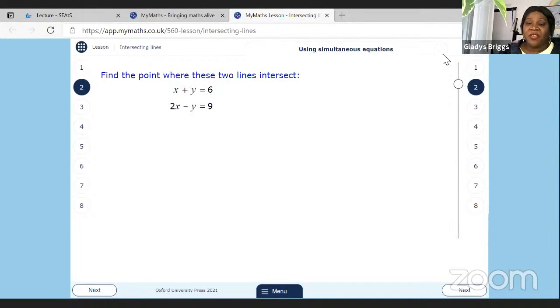So let's do that. We remember how to do simultaneous equations, yeah? So x plus y is equal to 6, and 2x minus y is equal to 9. What do we do here? Do we add them or do we subtract? If this is equation 1 and this is equation 2, do we add or subtract to eliminate?